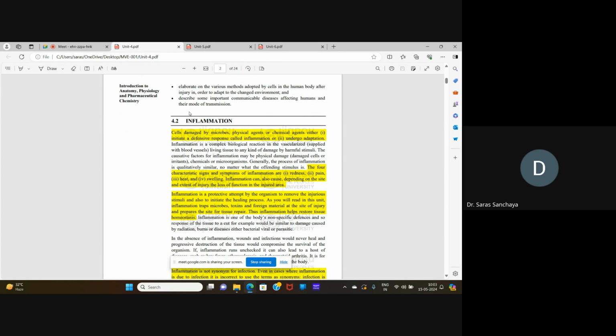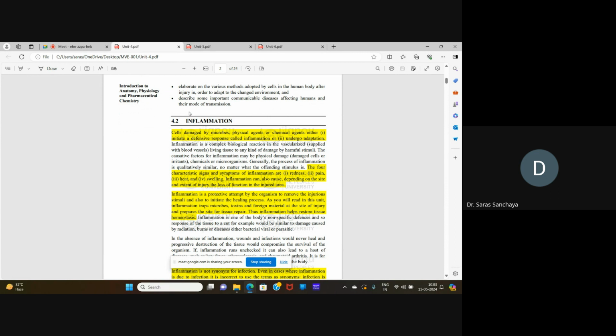The four characteristic signs and symptoms of inflammation are redness, pain, heat, and swelling. So there will be four things: redness of the skin or any tissue, pain, heat means the temperature will be higher than normal, and swelling.